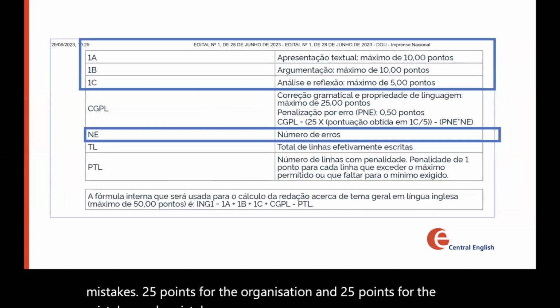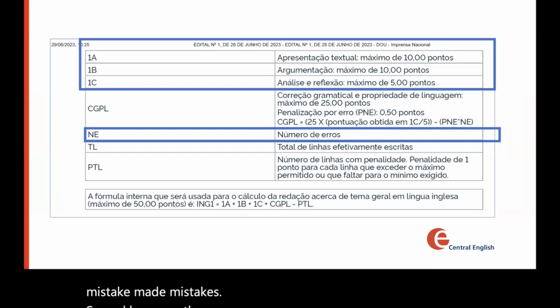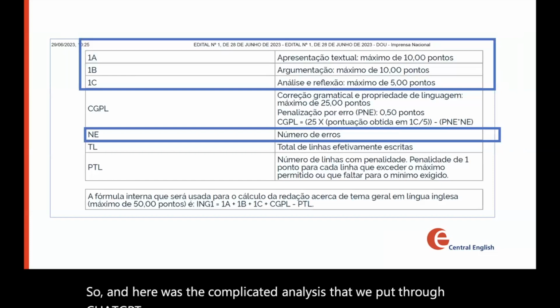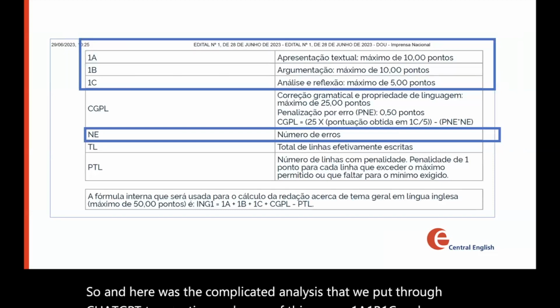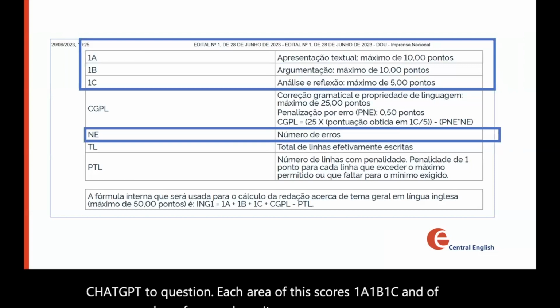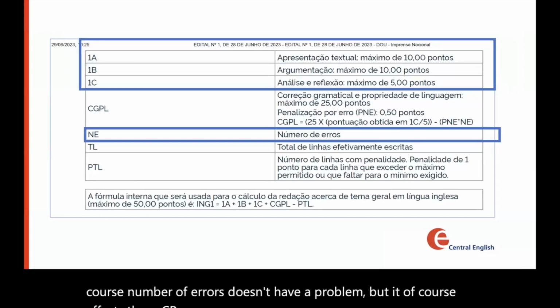Okay, and here was the complicated analysis that we put through ChatGPT to question each area of these scores, 1A, 1B, 1C, and of course, number of errors doesn't have a problem, but it, of course, affects the score. Okay, so that has to be considered when doing the analysis.